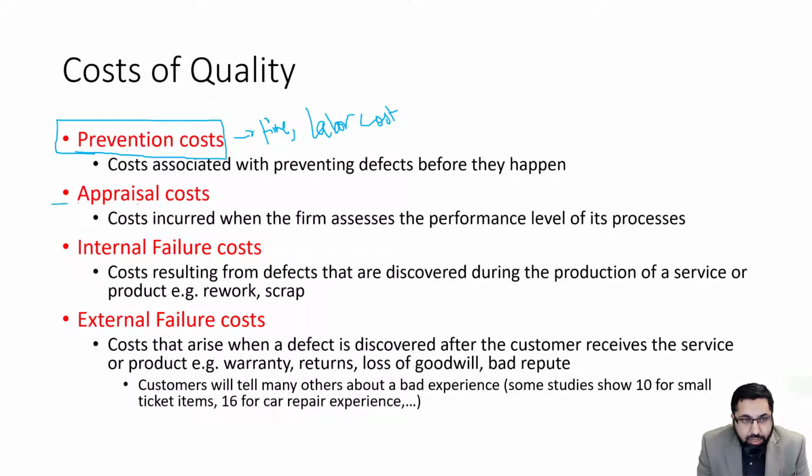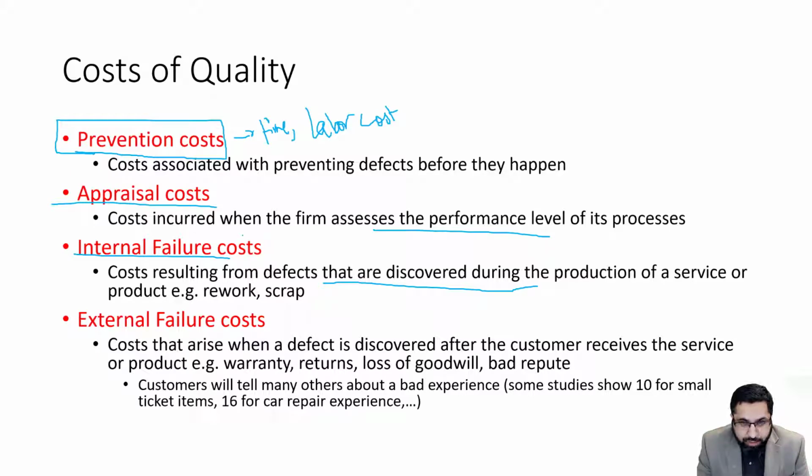Appraisal costs occur when a company wants to keep track of the performance of their processes. So maybe they measure certain variables or output parameters, and they keep track of them to make sure the processes are working properly. Internal failure costs are costs resulting from defects that are discovered before the product reaches the customer.